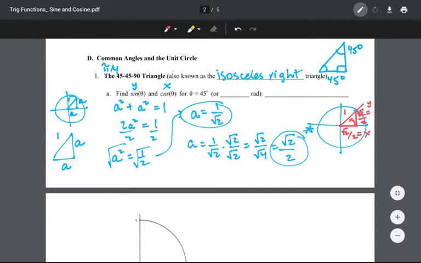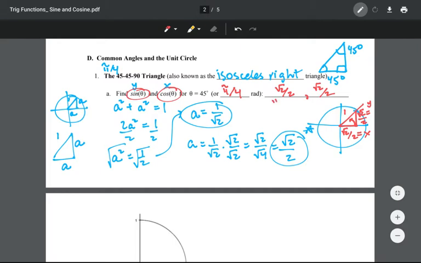So when I want the sine value, it's going to be the y, the cosine value, it's going to be the x, but they are the same whether you're talking about 45 degrees or pi-fourths radians, and you're going to get radical 2 over 2. So radical 2 over 2 and radical 2 over 2. So that returns those trig ratios.